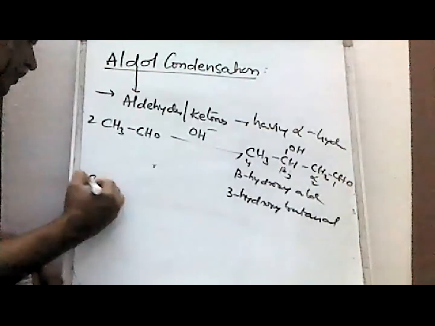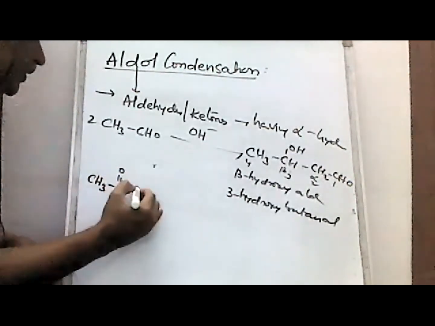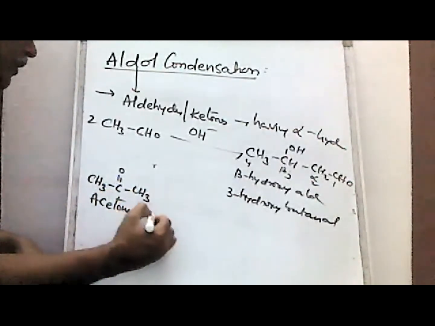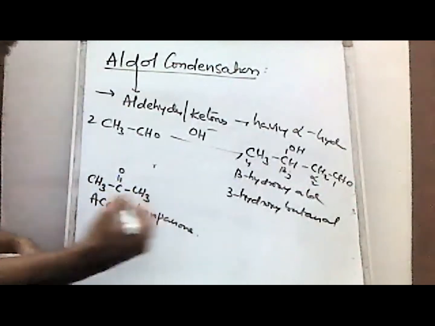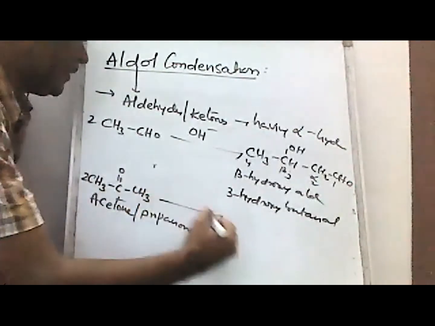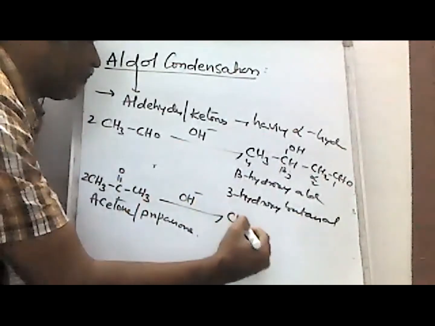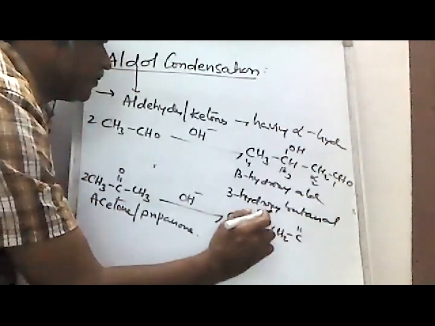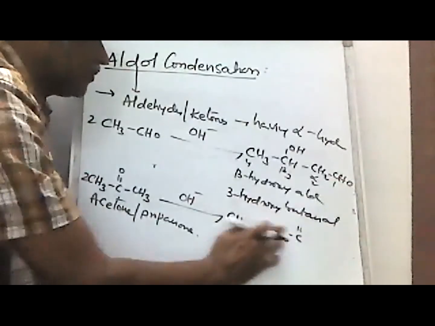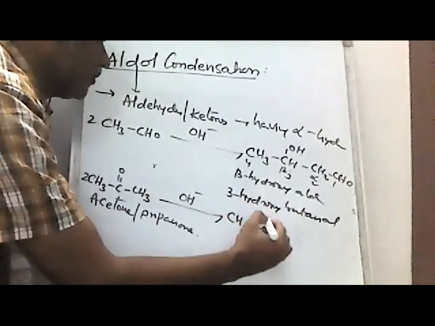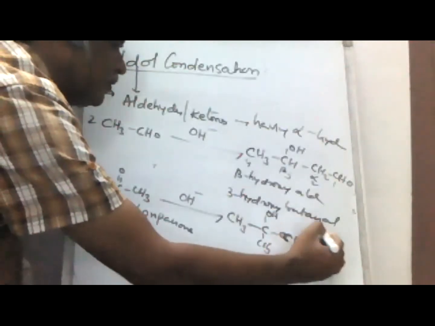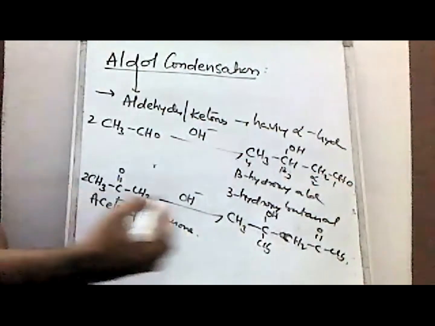Let me take another example. CH3COCH3 is called acetone or propanone. Propanone is the IUPAC name, and the commercial name is acetone. You see here, in the presence of base, the product formed is CH3COCH2C(OH)(CH3)CH3.